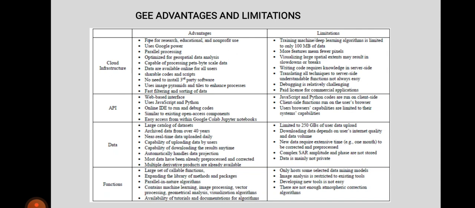And limitations include that JavaScript and Python codes are run on the client side only, and client side functions run on the user browser, and user browser capabilities are limited to the system capabilities, and there will be some limitations as not everyone is friendly with Python and JavaScript.